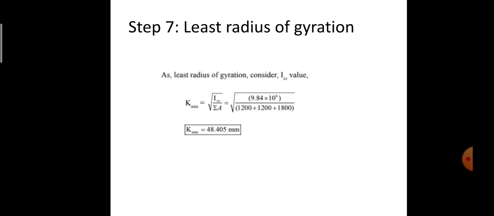So this is how we are supposed to calculate the least moment of inertia in case of X and Y, and also the least radius of gyration, which is calculated by taking the least moment of inertia into consideration.